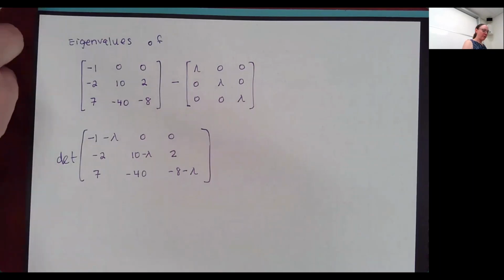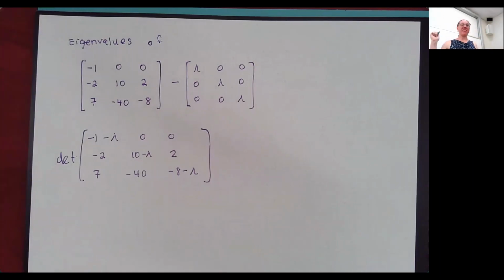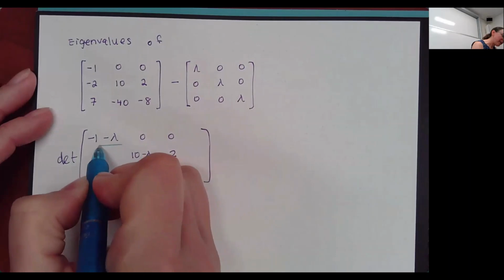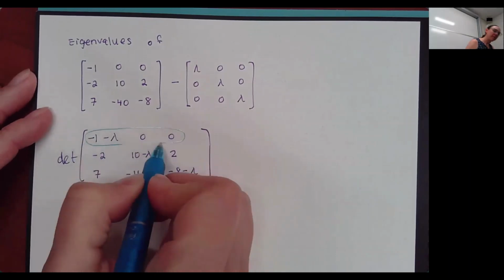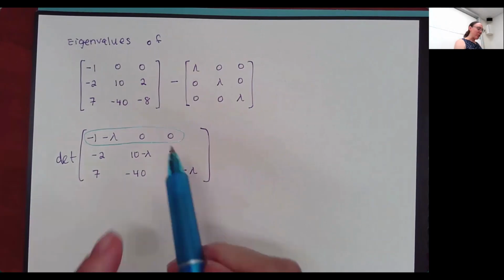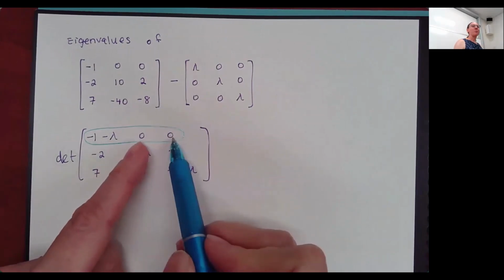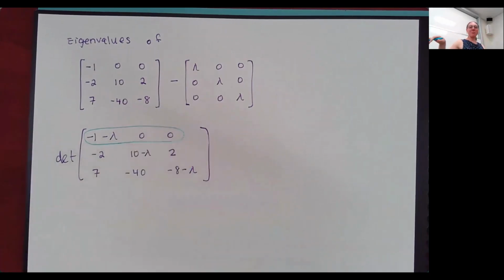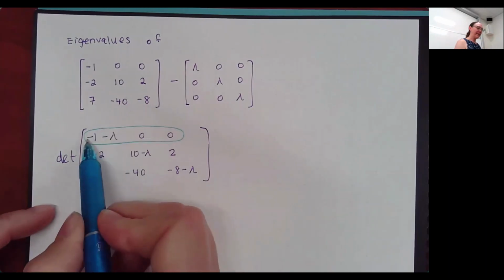I'm going to choose the top row because it's got the most zeros in it. I'm going to write out my numbers, but I know that those zeros are going to be 0 times something, 0 times something, so I don't have to worry about that. I just really have to worry about that -1 minus lambda.